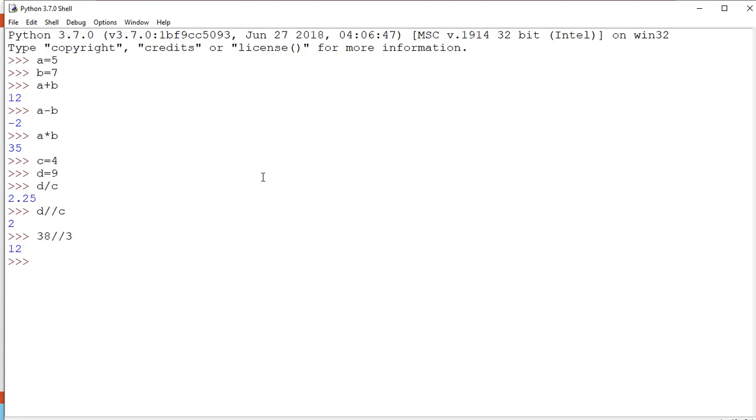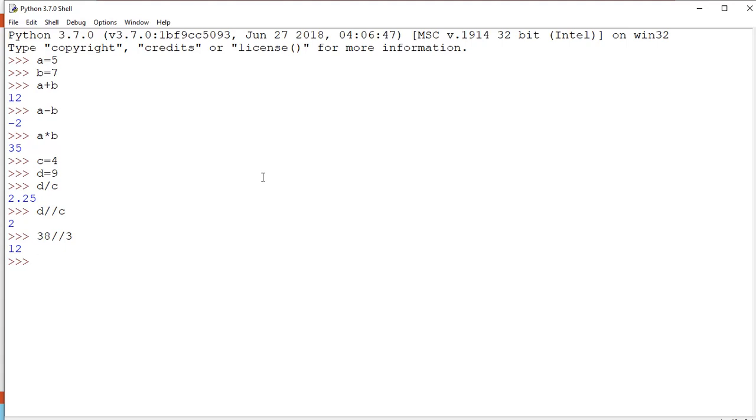Now let's discuss the remainder operator. Remainder means whenever you divide something and you get a remainder out of it. For example, 38 divided by 3: it will go 12 times and then the remainder will be 2, obviously.